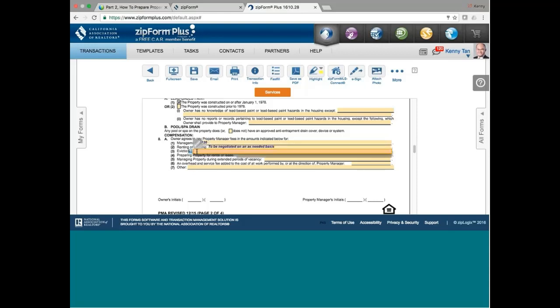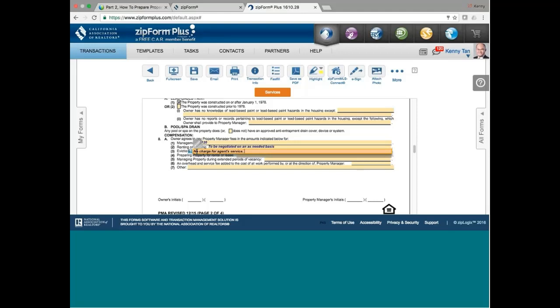Eviction, you want to mention that. Now, there are some property managers who actually want to get paid if they ever file an eviction as a plaintiff, but that's totally up to you. I know in Centermac, just as an incentive to our landlord, we do not charge. So we say no charge for agent services.